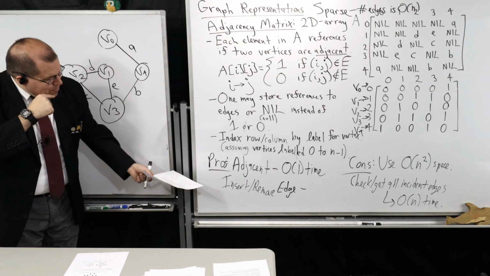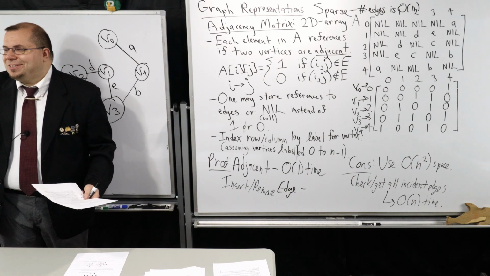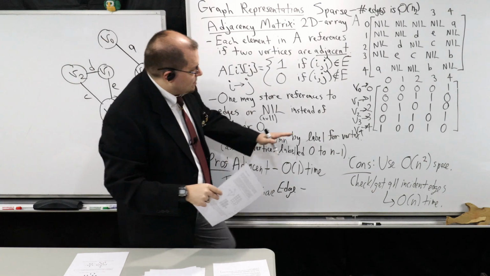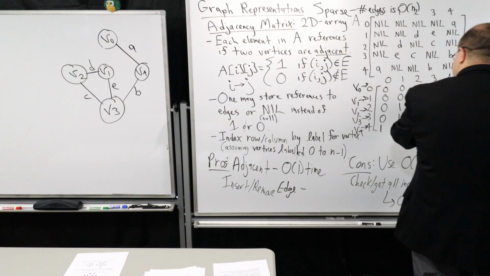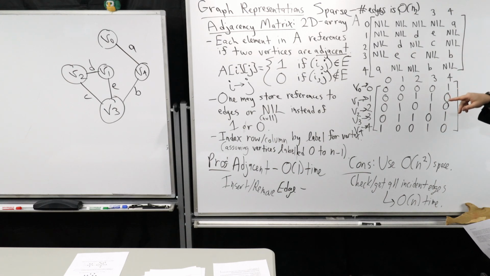But how about this? If I want to insert or remove an edge in the adjacency matrix, what's all I have to do? So if I want to insert an edge into this graph, look only at this one at the moment. Say, for example, I want to introduce an edge from V0 to V2. Well, all I have to do is look at the entry, and I can flip this from a 0 to a 1.